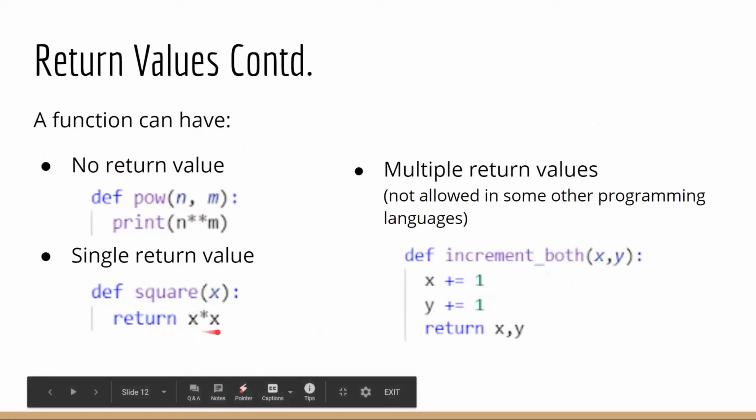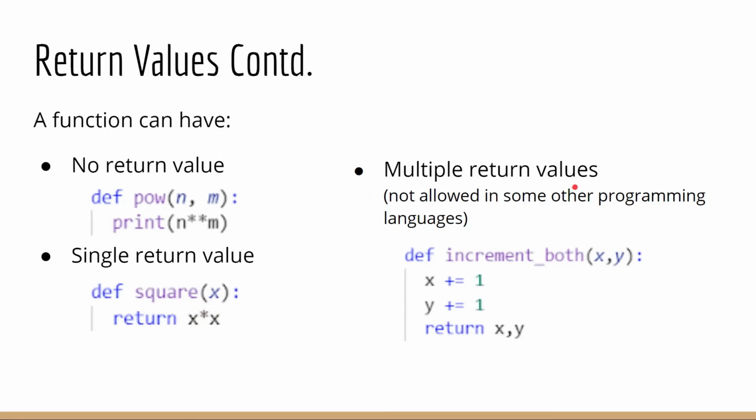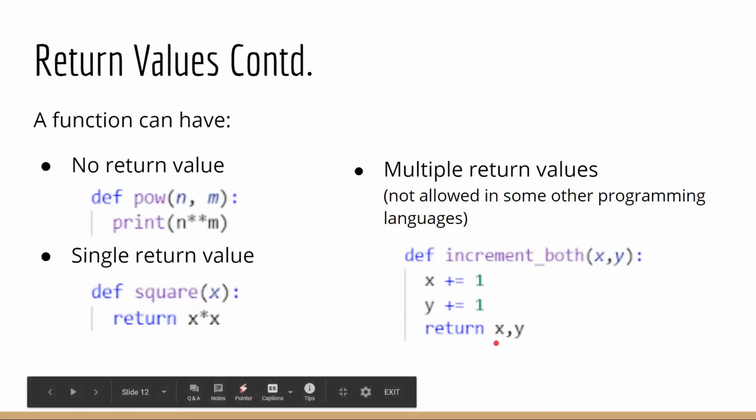Be careful, these are not two values, this is only one, because, for example, if x was 3, we would have 3 times 3, 9, so we would return only a single value. Now, another thing that Python allows us to do is to return multiple values, and this can be quite beneficial. In order to return multiple values, we can return them as a tuple, and we need to separate them with a comma. Okay, now let's go on to see an example.